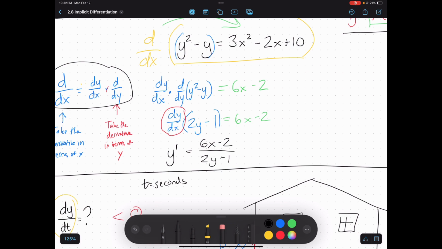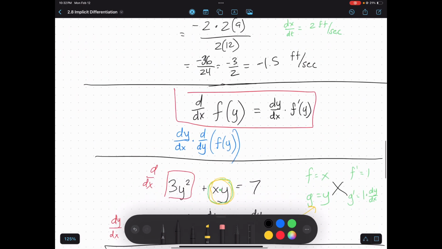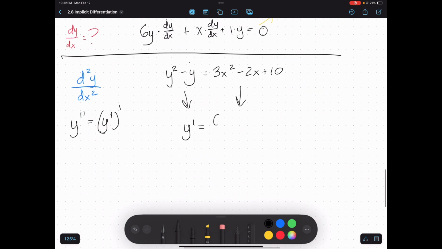Solving for dy over dx, solving for y prime. So this is what I ended up with. Okay, so the key to finding the second derivative is getting to this point and then taking the derivative again.